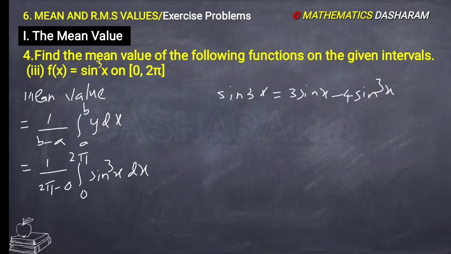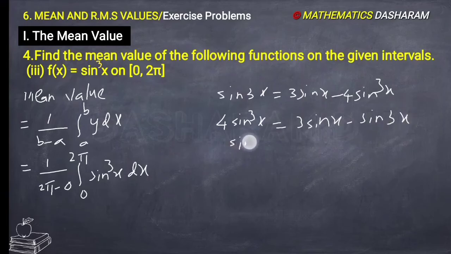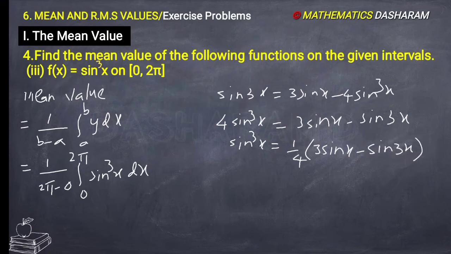So 4 sine cube x equals 3 sin x minus sine 3x. Then sine cube x equals 1 by 4 bracket of 3 sin x minus sine 3x.